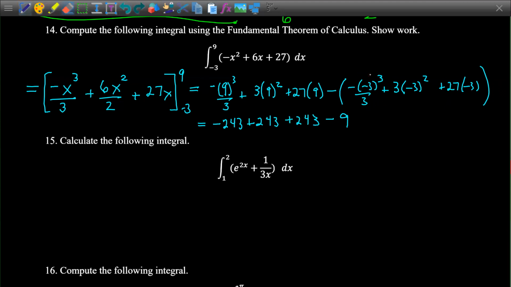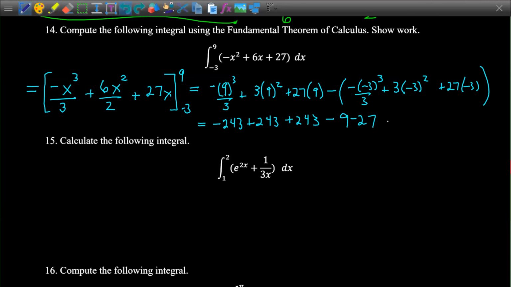And then this is going to be positive 27 inside the parentheses, and then we're subtracting that. So it's going to be minus 27. And over here we have minus 81, and we're subtracting that.